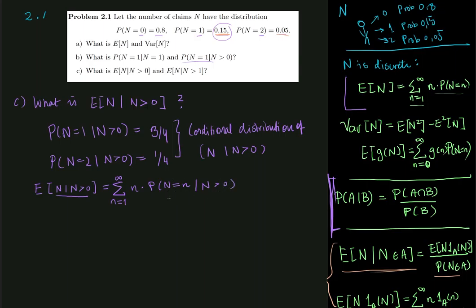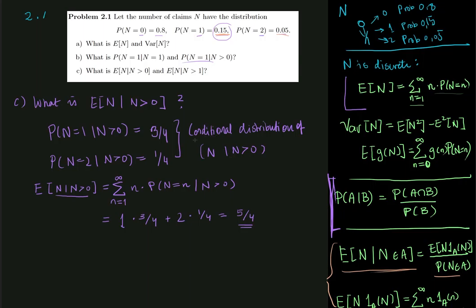So I just use the conditional distribution here, and for n equal to 1, I multiply with the probability 3/4. For n equal to 2, I multiply with 1/4. And then n can't have any other values, so this is just equal to 5/4.